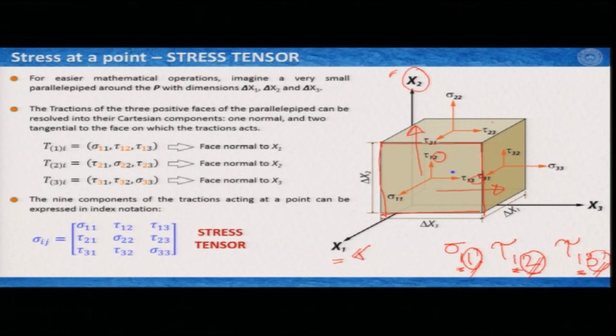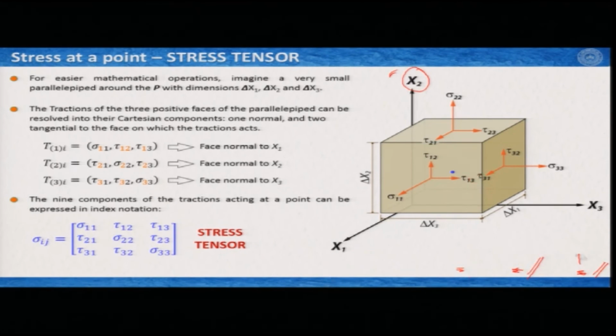This is also applicable for the other two planes. The other three negative planes that we do not see in this image would have exactly oppositely directed stresses of similar magnitude.